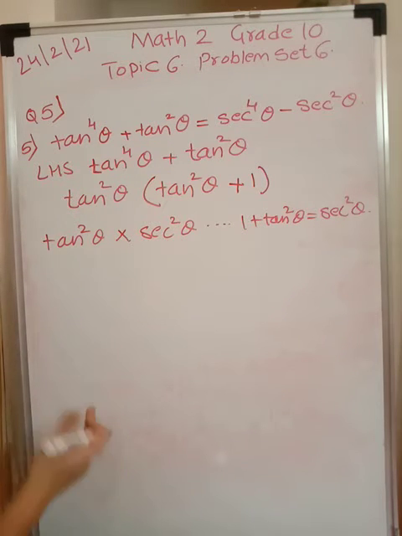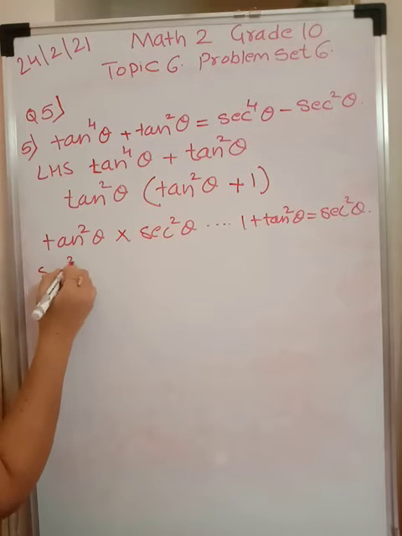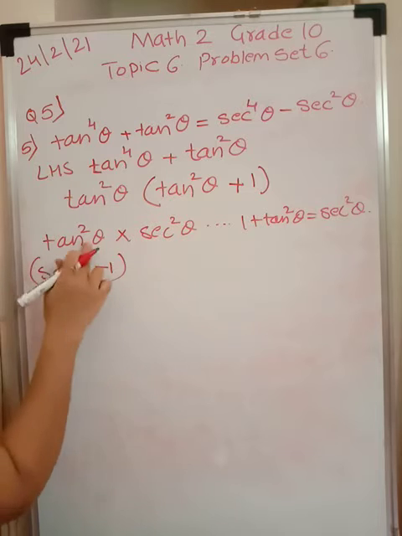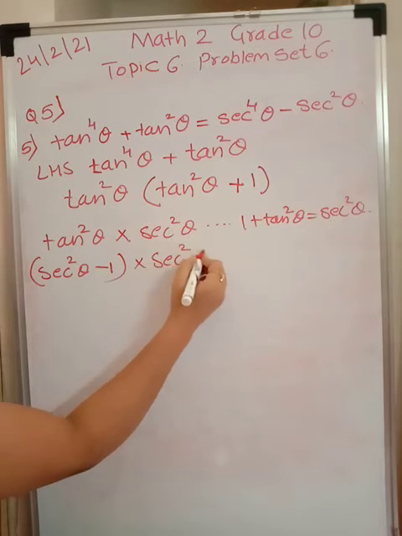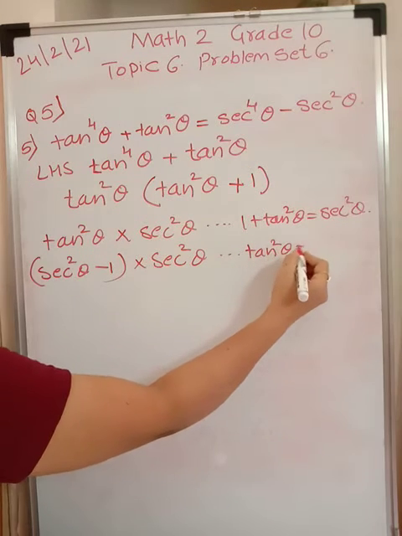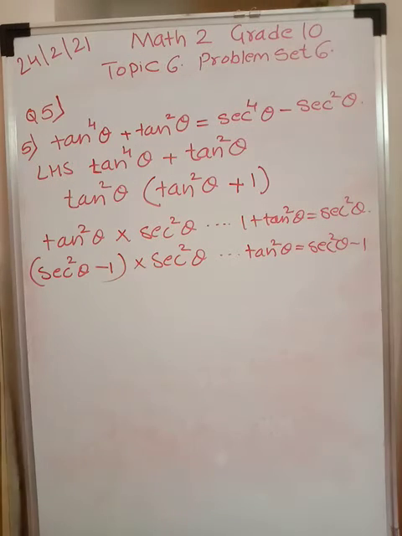We have seen in the earlier example. So for tan square theta, I am writing sec square theta and 1 transferred over here minus 1. This is your tan square theta into sec square theta. Reason is tan square theta is sec square theta minus 1.